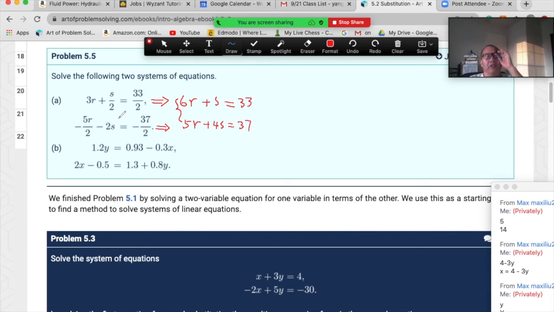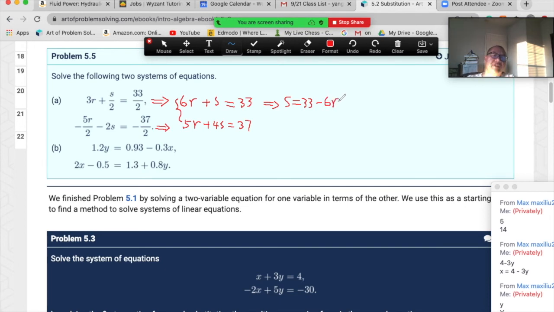So now, can you tell me which variable in which equation we need to choose to isolate? Okay, everybody know this? Okay, so here definitely to get s from this equation, s equals 33 minus 6r.